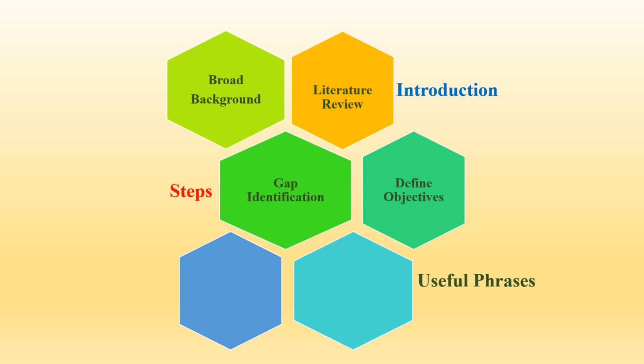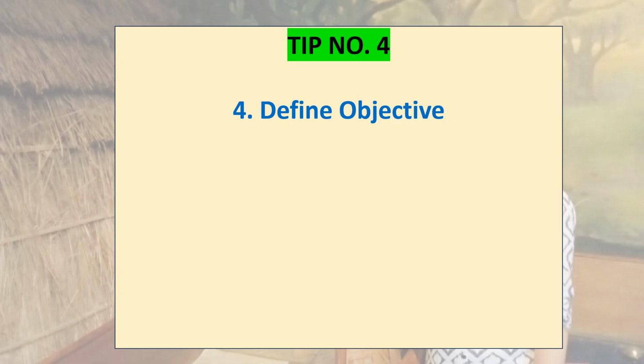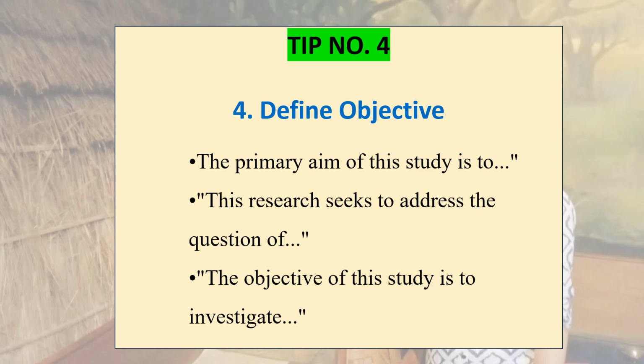Next point is defining your objectives. Clearly state your research objectives or review paper objectives. What are you aiming to achieve? Some important phrases that you can use in this section are: the primary aim of this study is to.